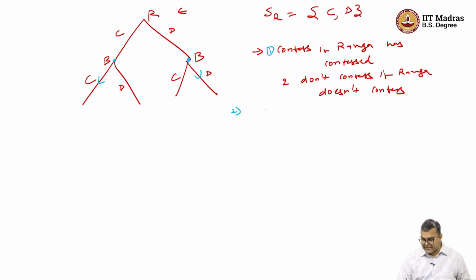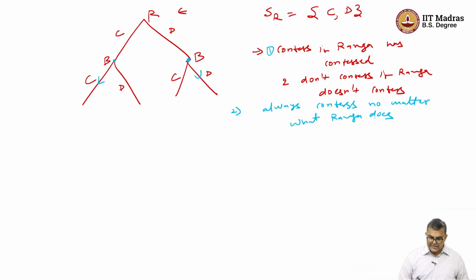Second possibility is to always confess, no matter what Ranga does. This strategy is simply that at this node move in this direction, and at this node move in this direction.